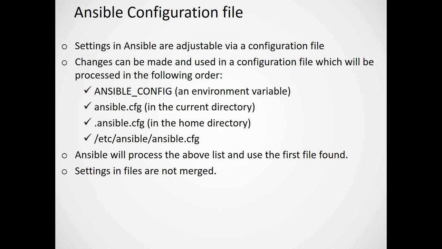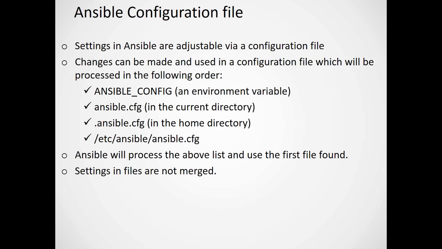Suppose you have not defined an environment variable like this, then in the directory where you are currently running Ansible, so when you connect to a machine, from some directory you will be running this command, right? In that directory, it will search whether there is a file called ansible.cfg.